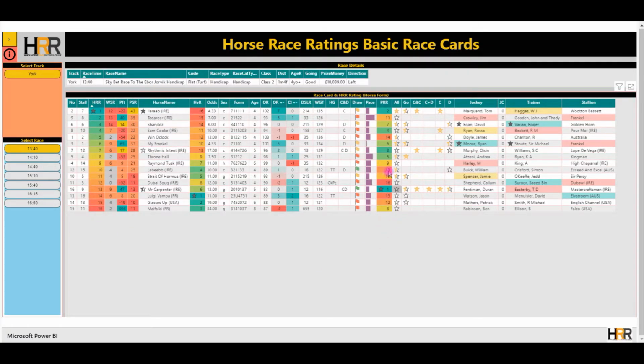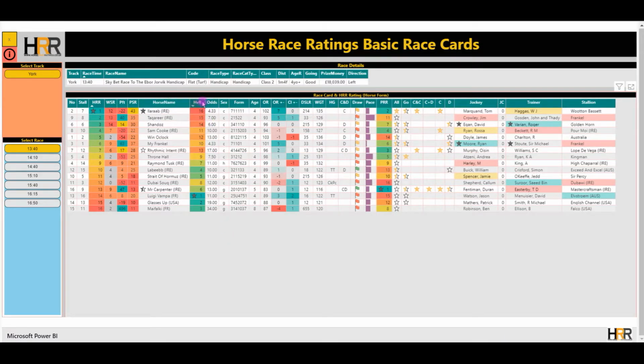So this is something slightly different, and I'll explain that shortly. So this tells you the top 3. Ilarab here is the top rated by combining HRR with the PR rating, the horse performance rating. Then you also have the second, which would be Mr. Carpenter, and third in this particular race is Rhythmic Intent.